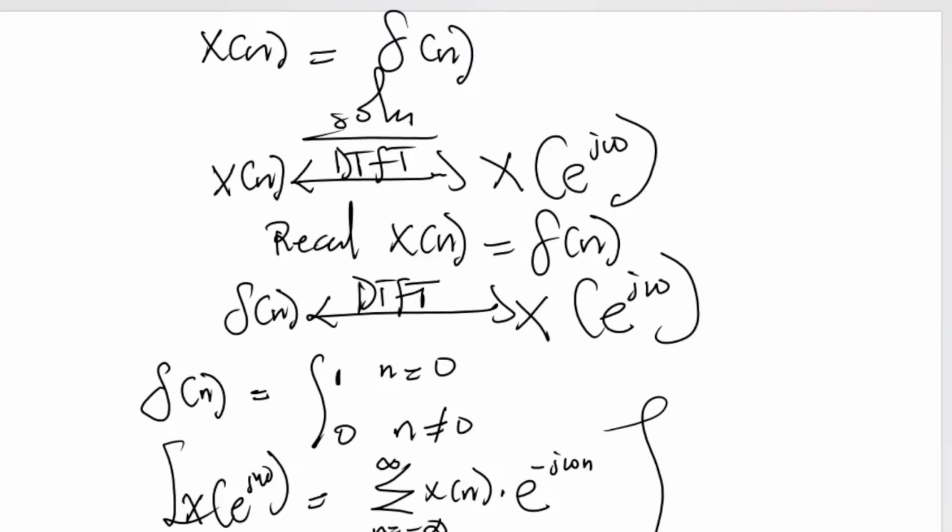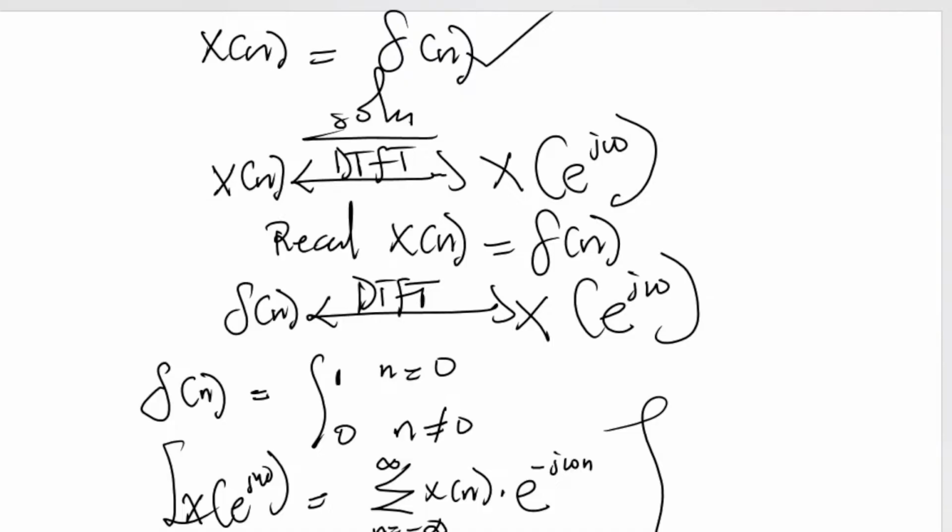Now, we know that x of n is the impulse signal. So the next thing you should be considering is the frequency domain in terms of your impulse signal, which is delta n. Are we together?